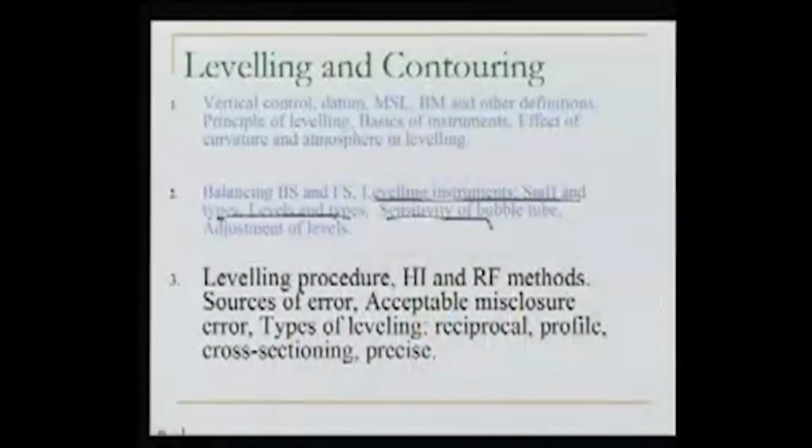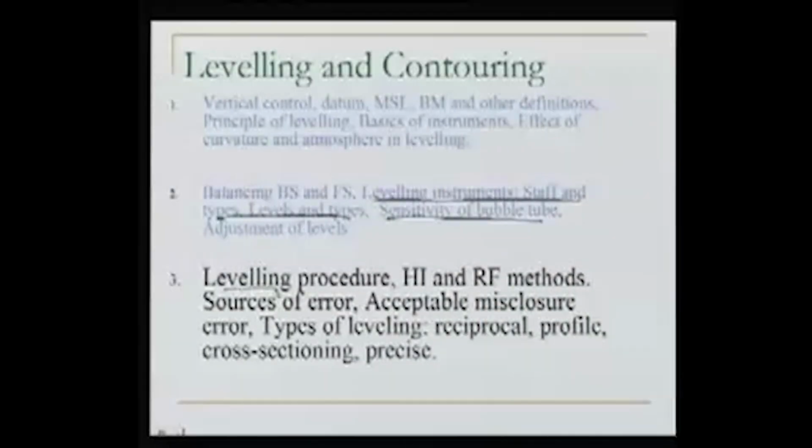We looked into some more things, for example, the sensitivity of the bubble tube, and if there is some problem with the level, meaning we see collimation error, non-parallelism error, how to adjust that, physically working with the instrument, how to take care of that. Though we know by balancing backsight and foresight, we can eliminate the resulting error. So this is all what we have seen.